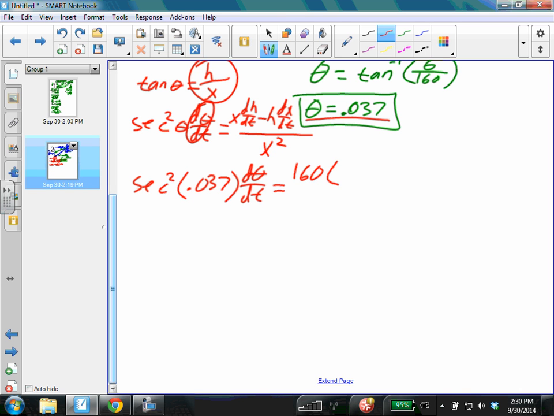What was the change in h? 0. Minus h, which was 6. And dx dt was 800, if I remember correctly, right? All over x squared. And remember, x was 160 squared.